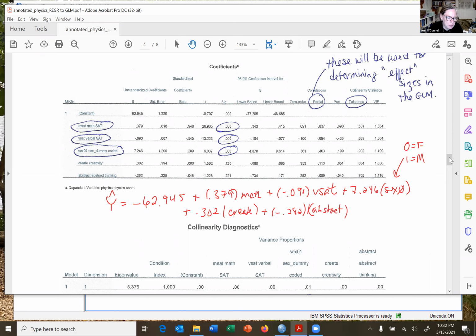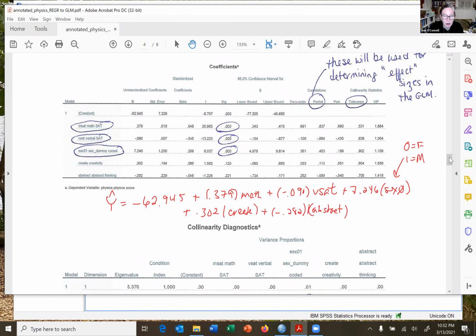Just looking at these slopes, we can see that the math, verbal SAT, and sex are statistically significant. So they are the variables that help to predict differences in the dependent variable of physics. Creativity and abstract thinking were not significant in this model. We also see that abstract thinking has a negative effect, even though it's not statistically significant.